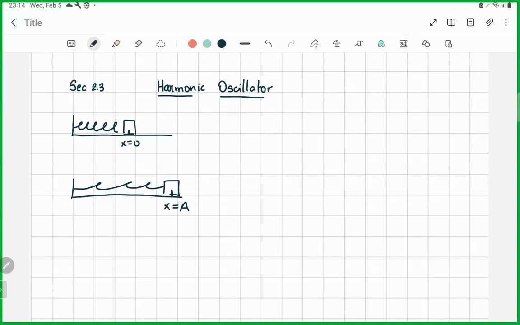As we let it go, the motion starts, and this object will be moving, in our case here, to the left. So it will be gaining speed and kinetic energy, and losing potential energy.